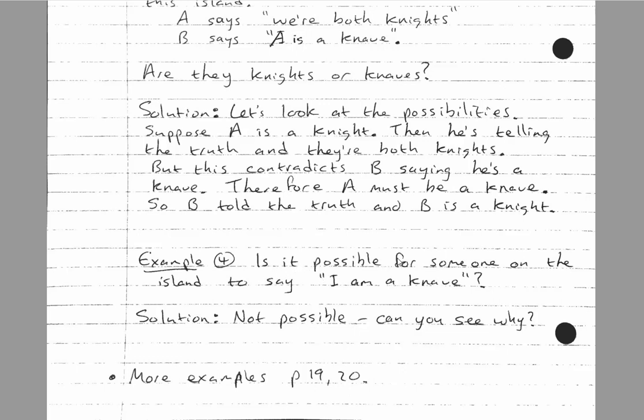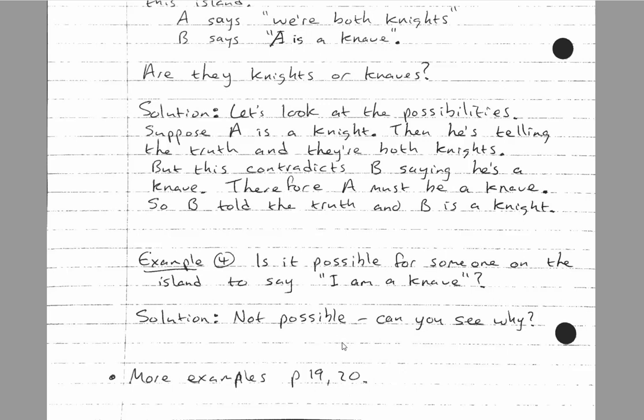Example 4. Is it possible for someone on the island to say, I am a knave? Solution: it's not possible. Can you see why? You just have to look at the 2 cases.